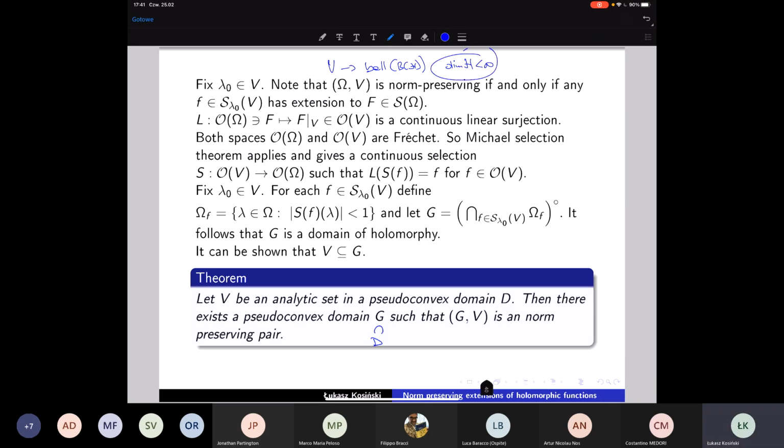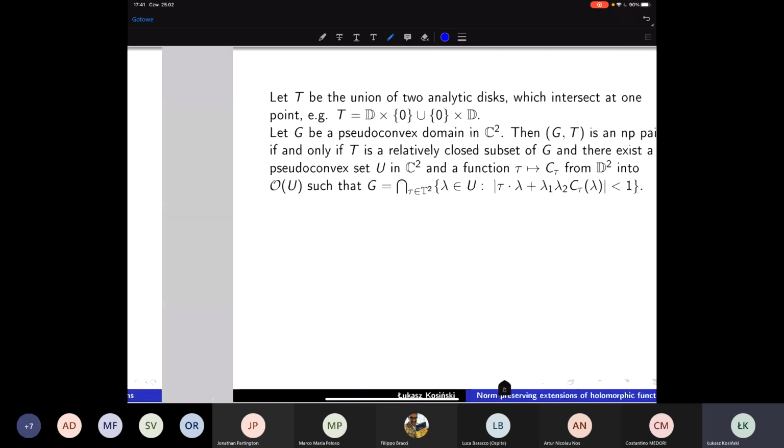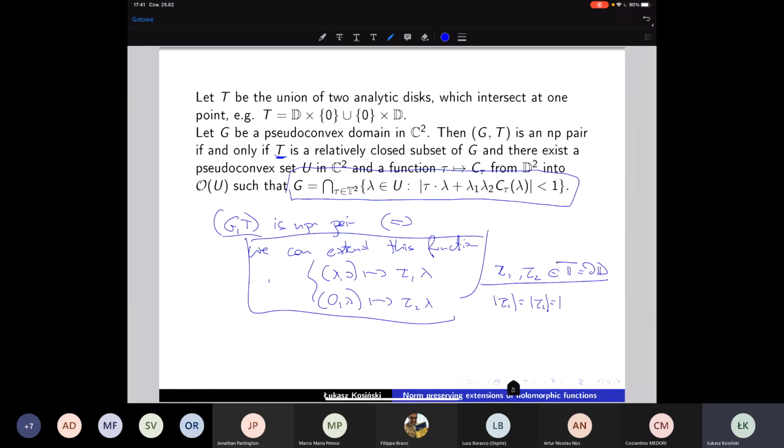This is because at some point we are using Montel's theorem, which fails in infinite dimensional Hilbert spaces. So actually we don't know how to show this for infinite dimensional Hilbert spaces.